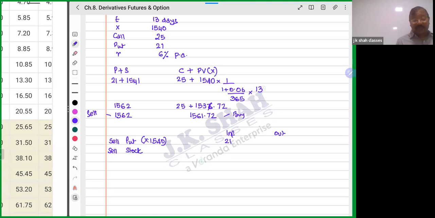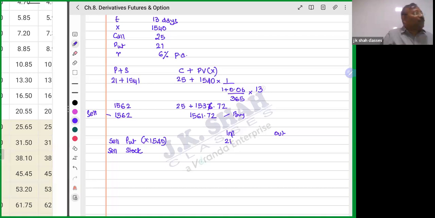And in this there is one more cost which may arise. The rest, the brokerage and all, will arise as transaction cost, but there is one more transaction cost which may arise. Remember you are selling stock, SLB.